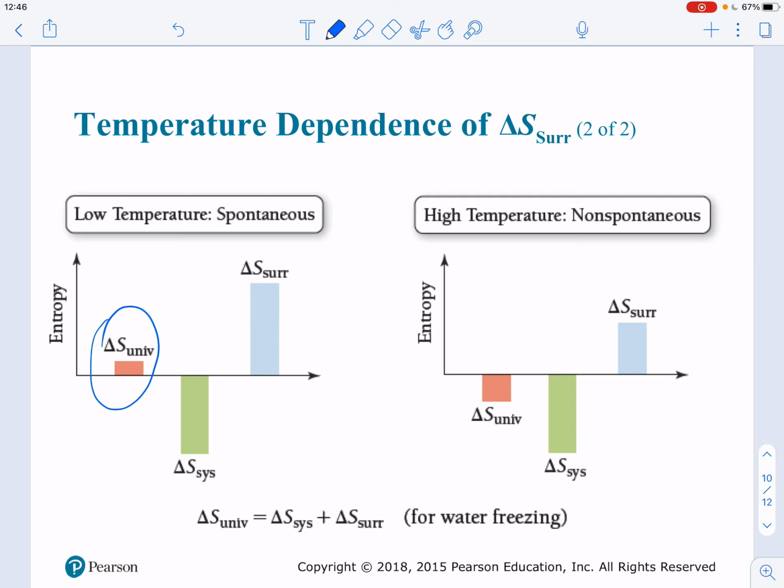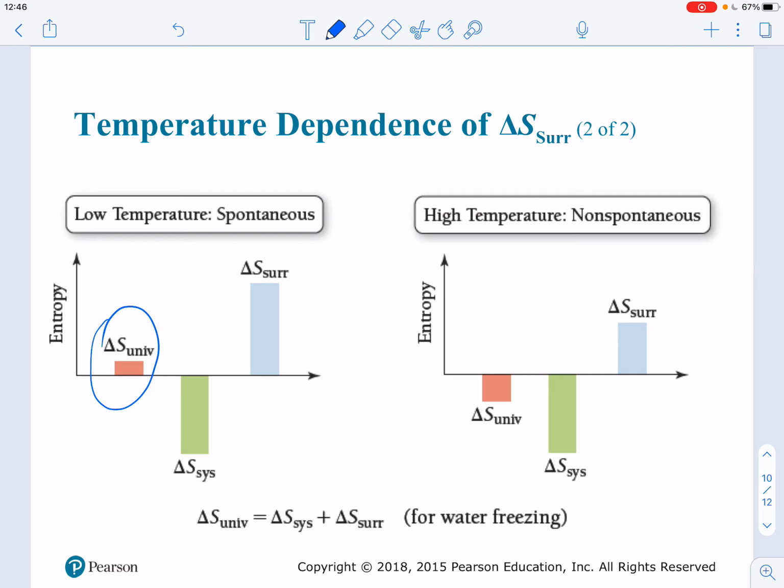And that opens the possibility to pretty much anything. Any combination of change in entropy for the system and change in entropy of the surroundings can lead to a spontaneous or non-spontaneous process. It doesn't matter what the values are. What matters is that when you add them together, if the result is positive, it's going to be spontaneous.